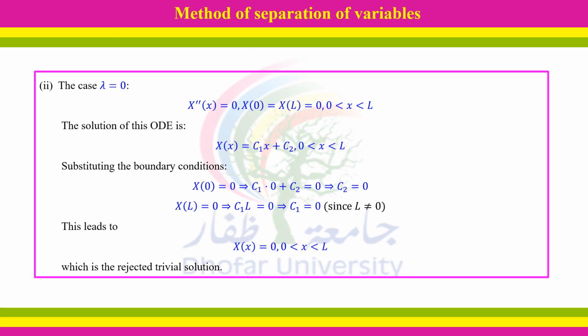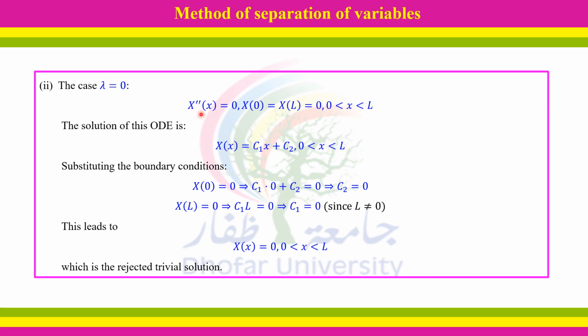Let us see what will happen when we consider the second case when lambda equal to 0. And in this case, our differential equation X''(x) - lambda X(x) = 0 just reduces to this equation.